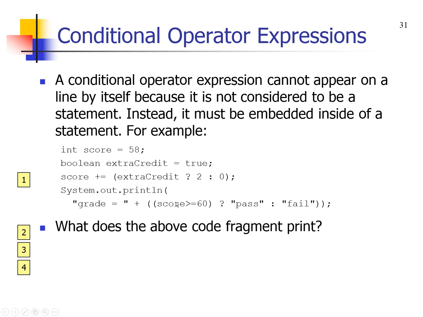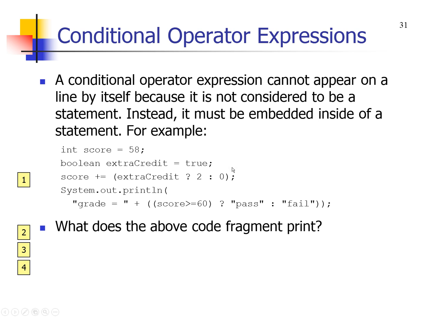So here in their example, what they're doing is saying the grade is equal to, actually let's go up here first. They're calculating the score. Score plus equals, this is a compound operator, hopefully you remember that. Score is equal to score, which is 58, plus the evaluation of this statement.